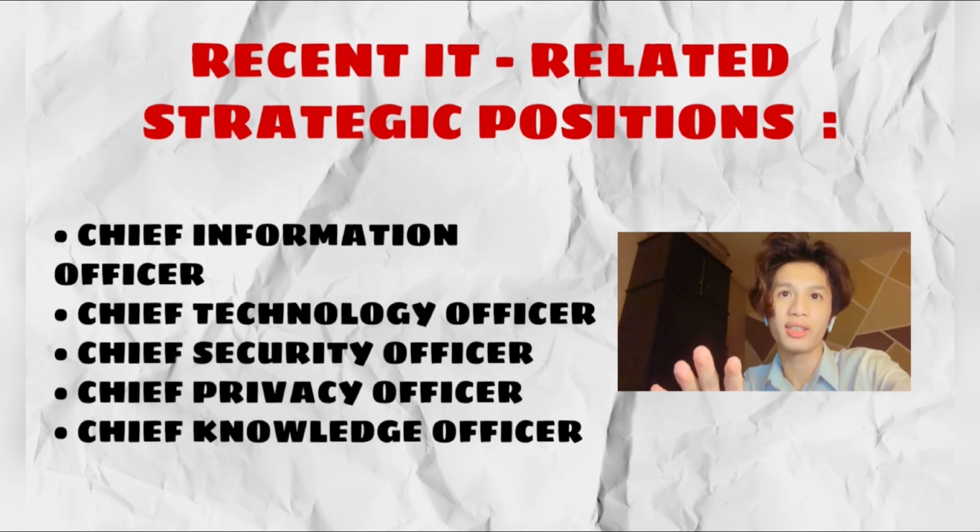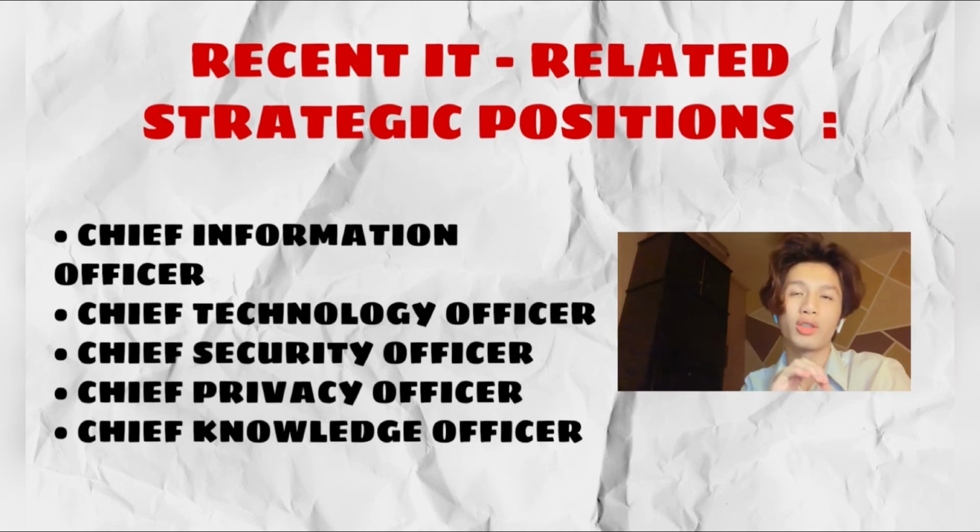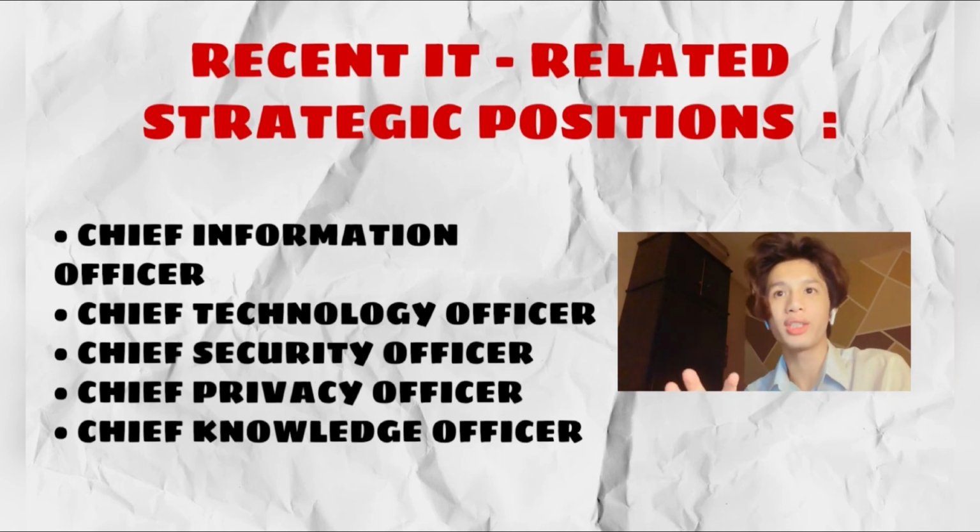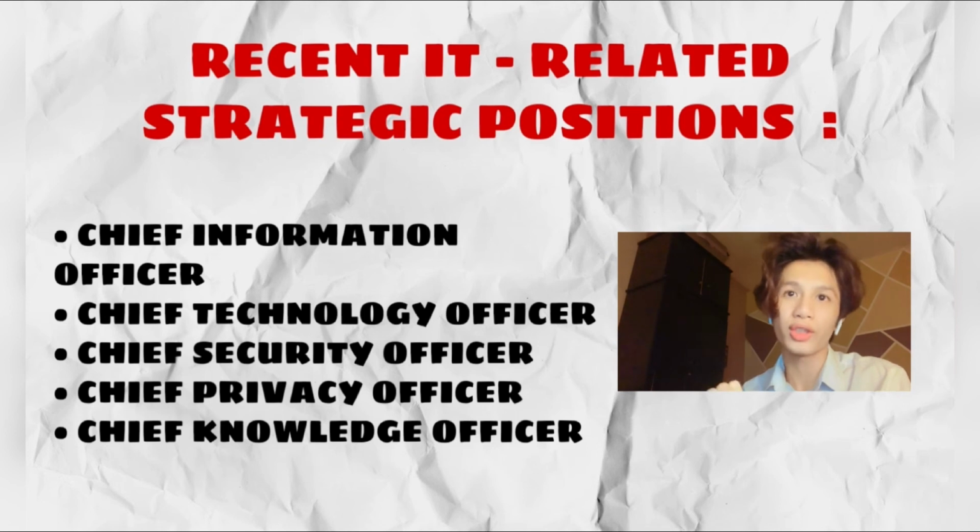The Chief Technology Officer is responsible for ensuring the throughput, speed, accuracy, availability, and reliability of IT. Chief Security Officer, responsible for ensuring the security of IT systems. Chief Privacy Officer, responsible for ensuring the ethical and legal use of information. And the last one is Chief Knowledge Officer, responsible for collecting, maintaining, and distributing the organization's knowledge.